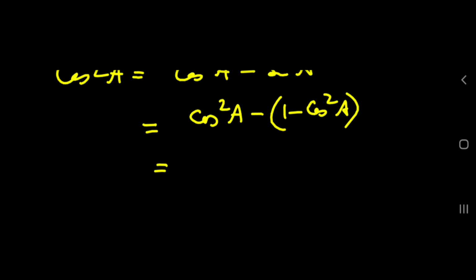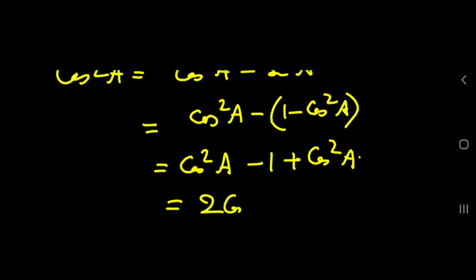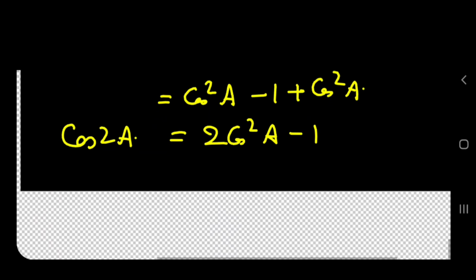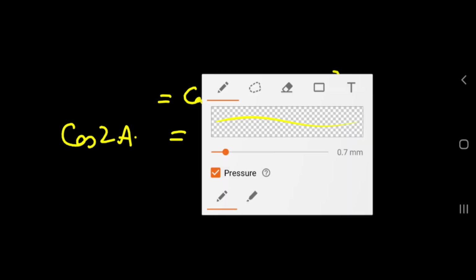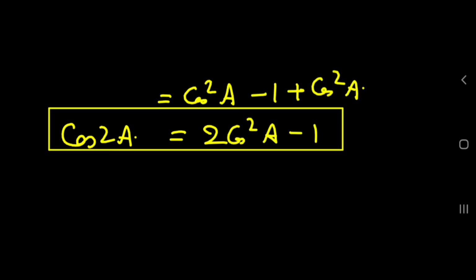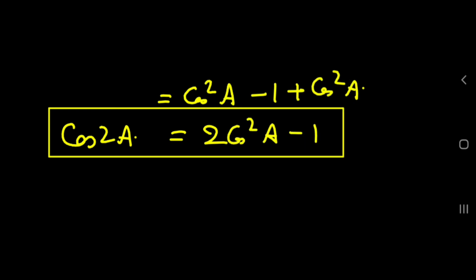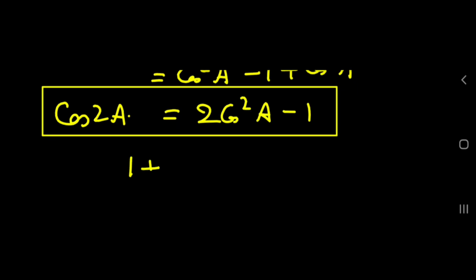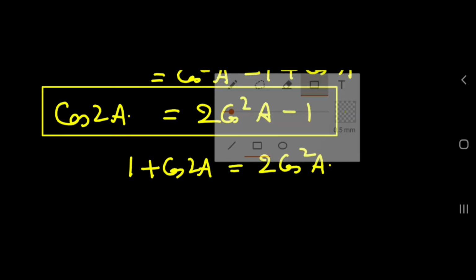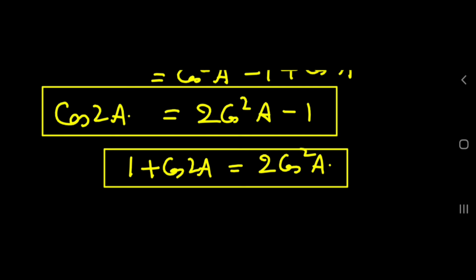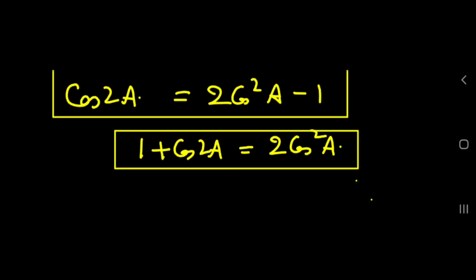So it is coming cos square a minus 1 plus cos square a. That means 2 cos square a minus 1. So we can say this is also a form. We can also write 1 plus cos 2a equal to 2 cos square a. So this is also a form which is better.